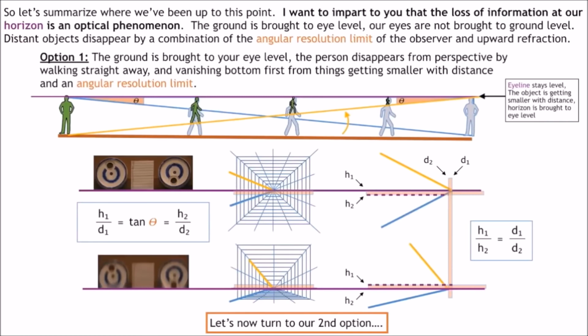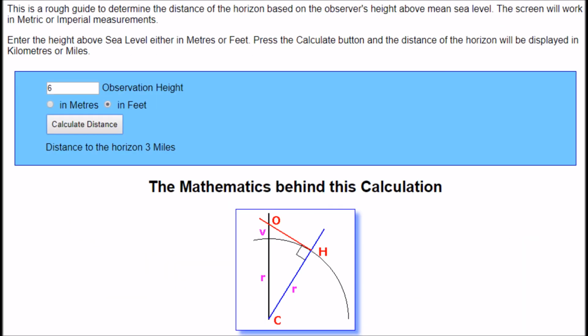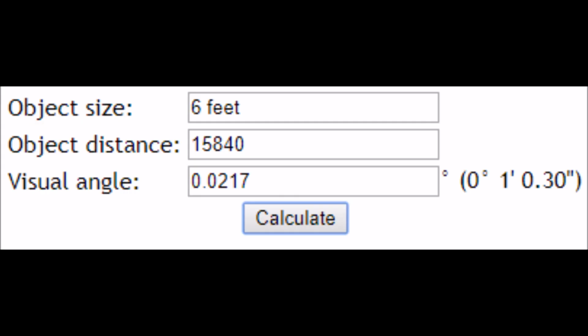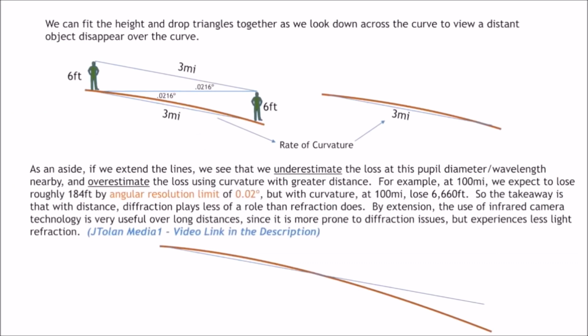And here are some of the examples that we've gone through to this point. We have our lid disappearing into the floor. We have some calculations that we can use to determine our horizon distance and or loss rate with height change. So for example, at 100 miles, we expect to lose roughly 184 feet by angular resolution at 0.02 degrees.